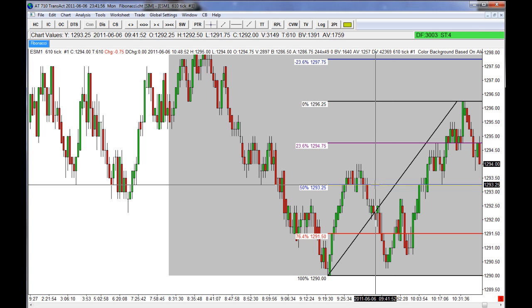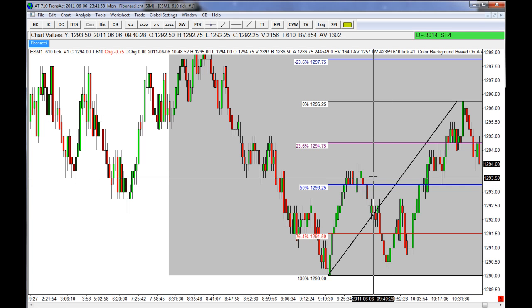Okay, so as you can see here, if we were to enter at 1293.50, then our profit target would be 5 ticks. And our stop loss would be 8 ticks.